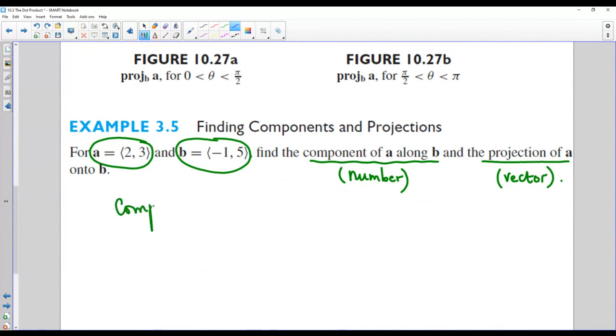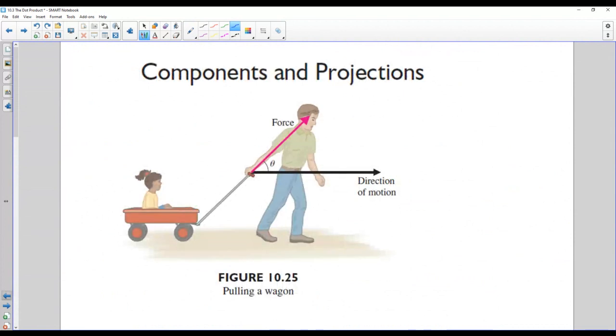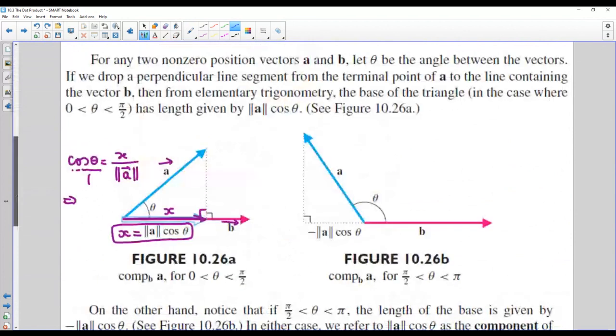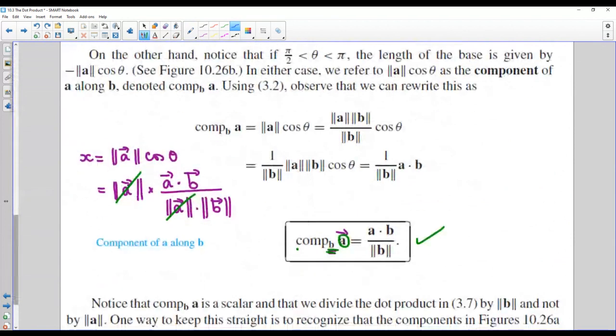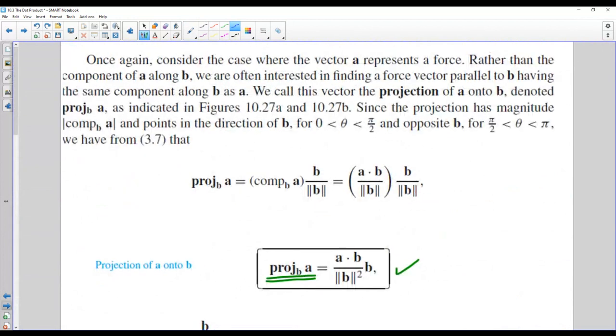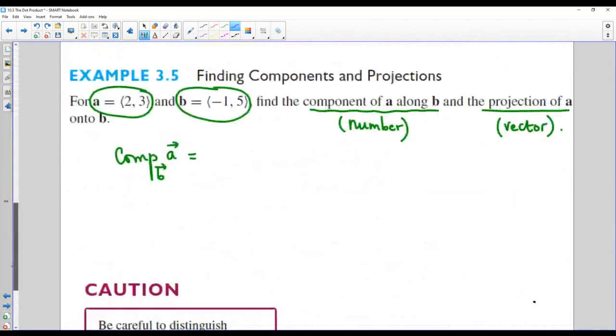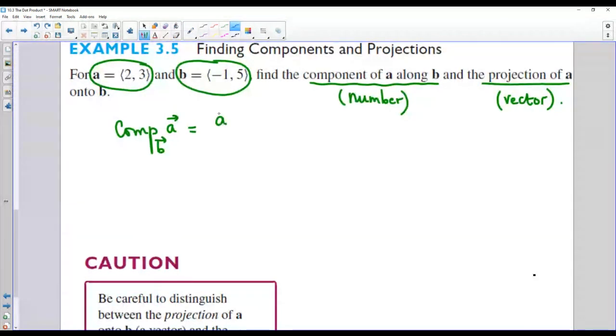So component of A along the vector B. This is this rule here. A dot B over the magnitude of B. Okay, no problem.